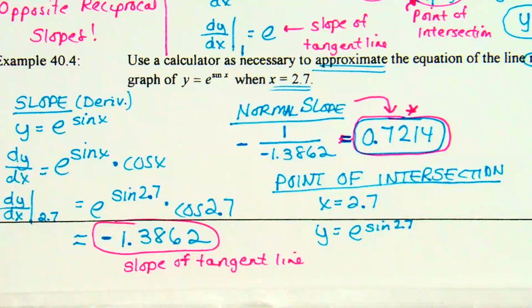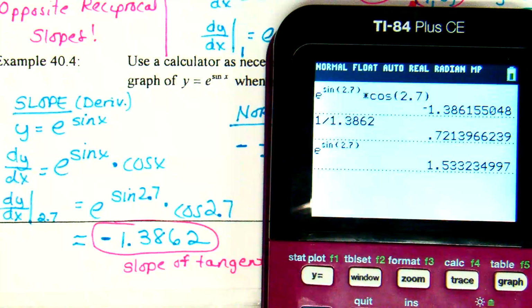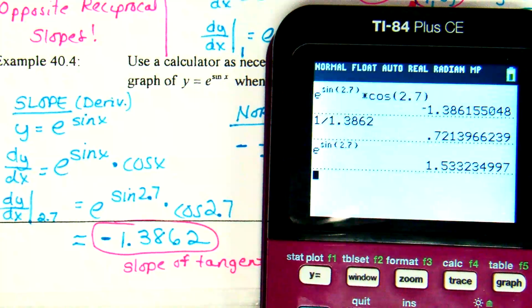No? E to the sine of 2.7. Would it matter if you're in degree? Oh yes, you need radians. So my ordered pair is 2.7, comma, 1.5332. That is the point of intersection.